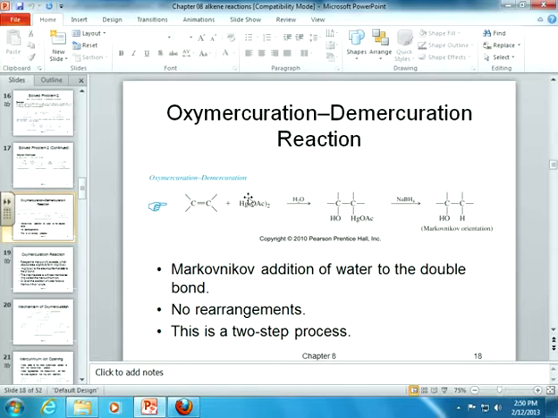The mercury makes it where there's no carbocation formed, so it can't rearrange. We're going to mercurate it, meaning add mercury, and demercuration means take it off. That's where the name comes from. Oxy is just because of the oxygen, the acetate groups on there.